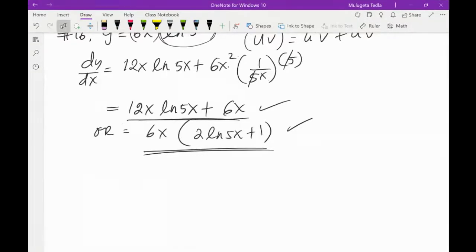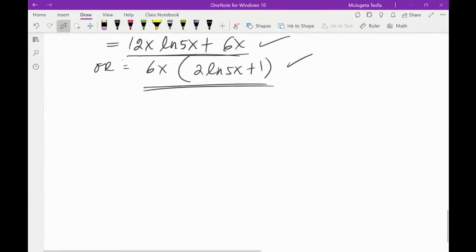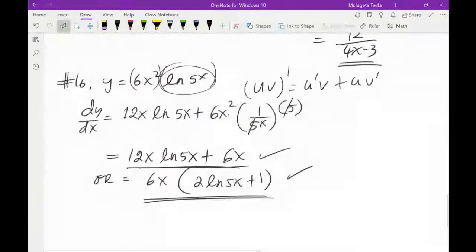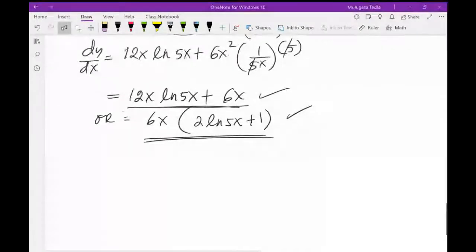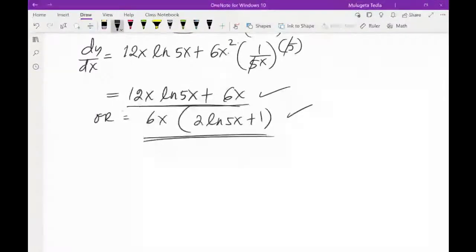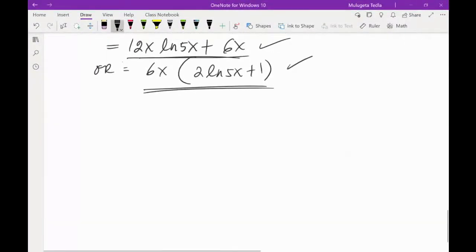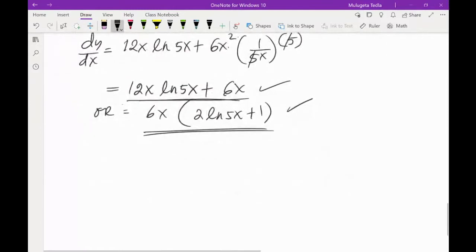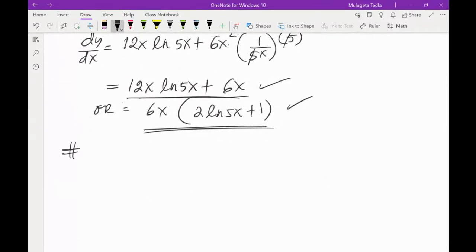Now let's continue on question number 18, which is some quotient rule.